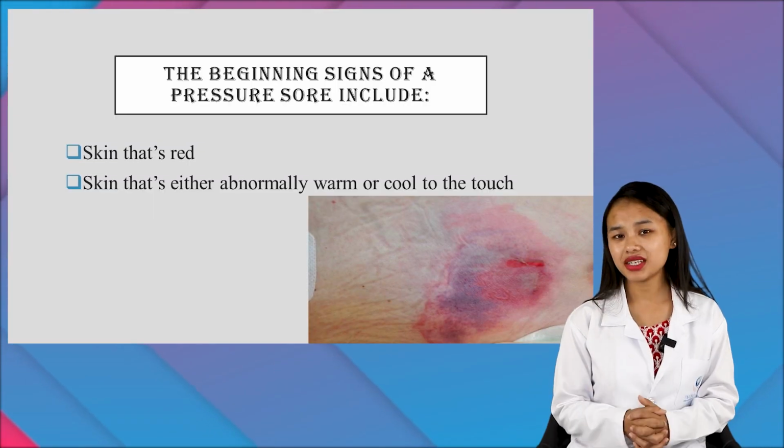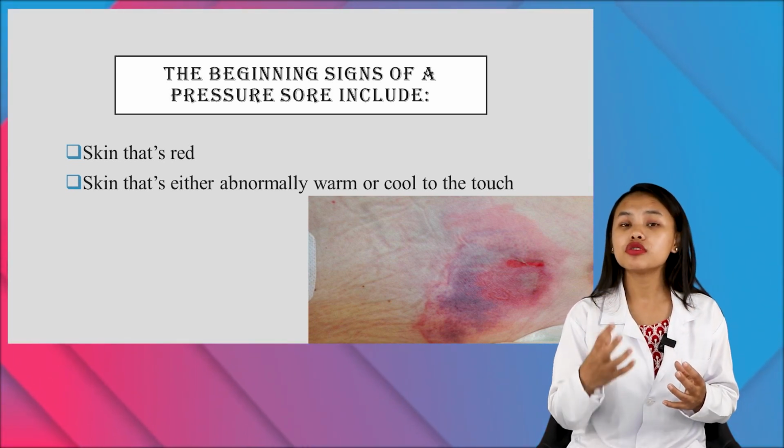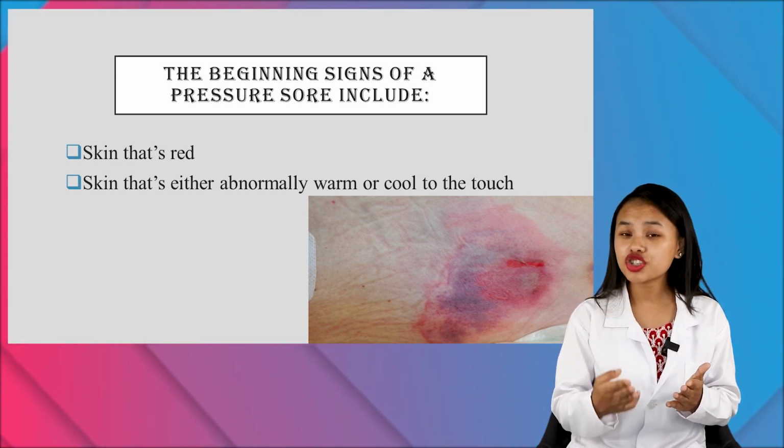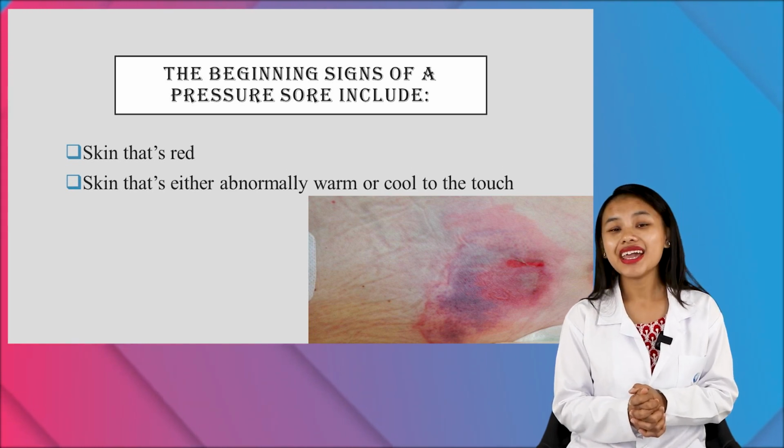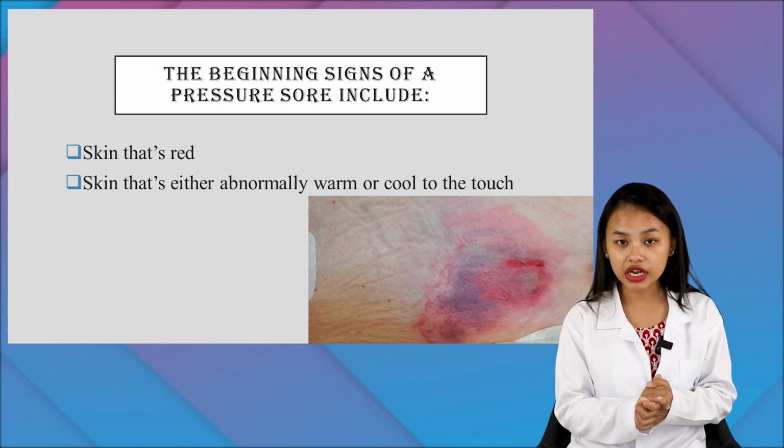So here, if a person is developing this ulcer, then the beginning signs include redness of the skin. Here you will also find that when you are touching that particular area, it is either abnormally warm or cool to touch.